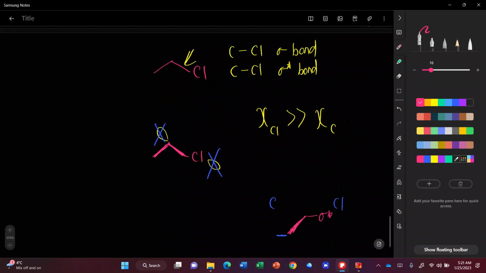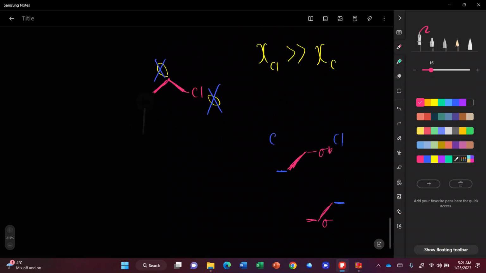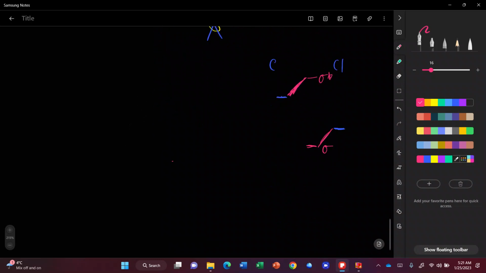So when you have a molecule like ethyl chloride, there's a tiny little antibonding orbital right there, but there is a huge antibonding sigma star orbital on the carbon side.